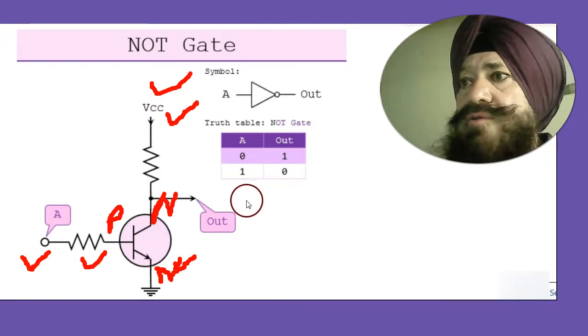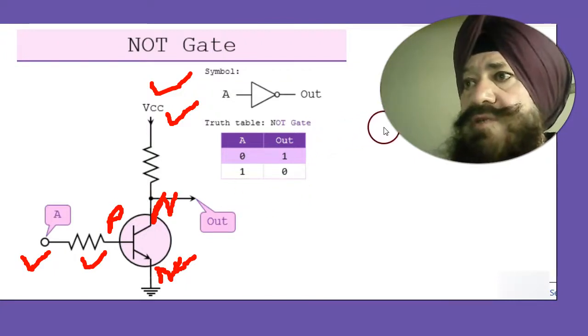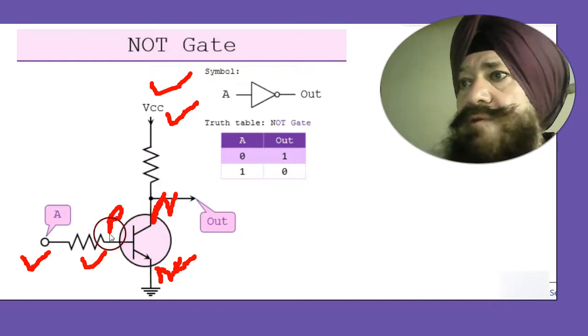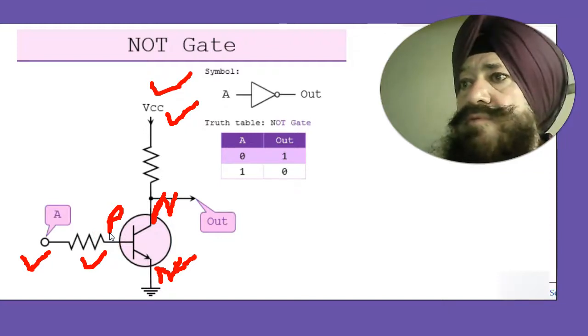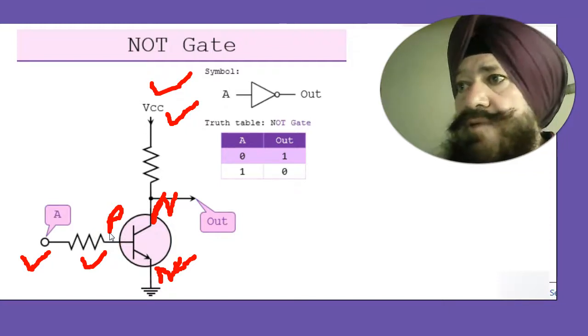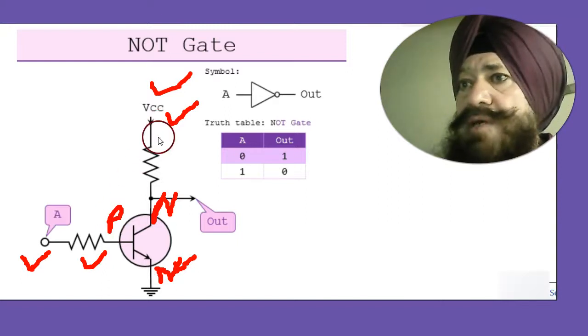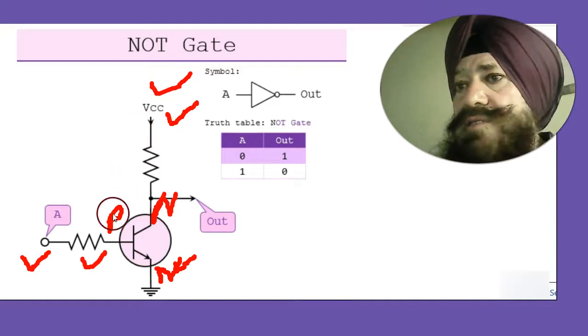And the reverse saturation current also makes the collector more positive as compared to the base, right? Thus the base-collector junction is reverse biased.